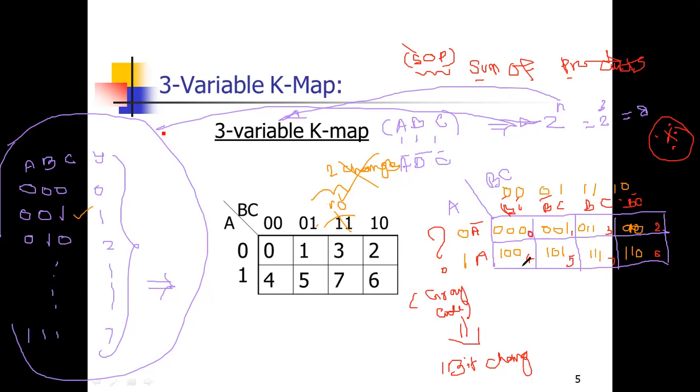That's all. If you understand this Karnaugh map, that's all for 4 variable Karnaugh maps also.